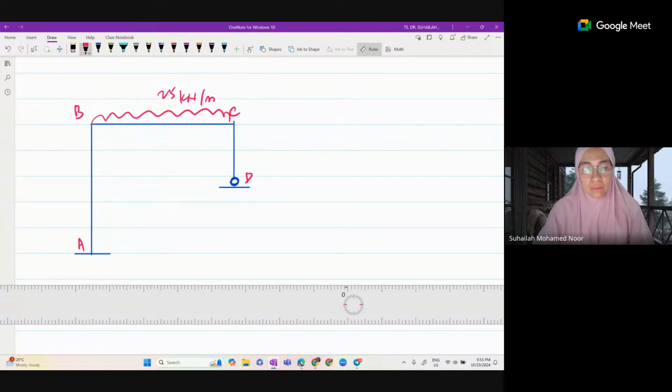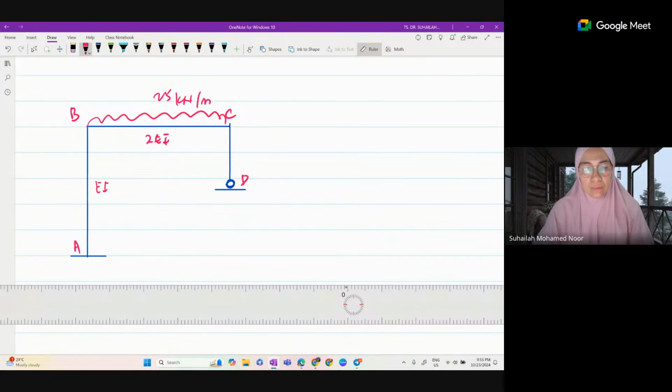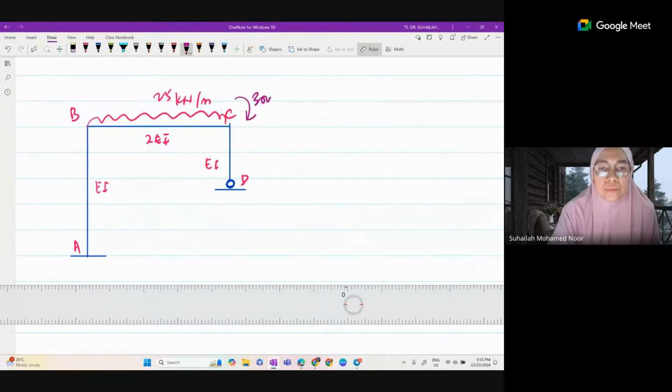This member is 2 EI, and then this is EI, and also EI. We apply another one, a moment of 300 kilonewton meter.